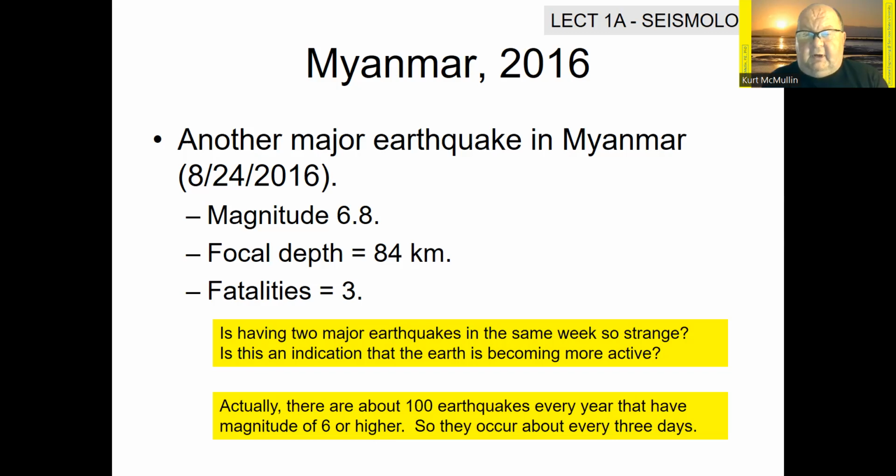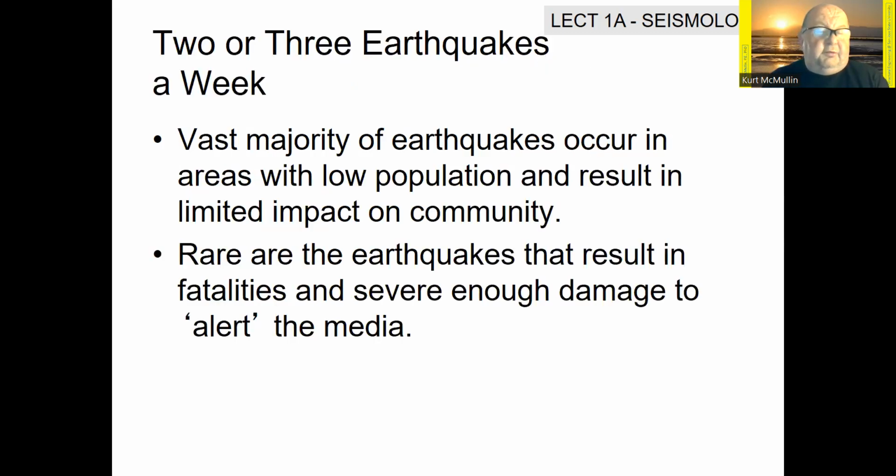Well, actually, there are about 100 earthquakes every year that have magnitudes of 6 or higher. So on average, we get an earthquake of a 6 or higher about every 3 days somewhere in the world. 2 or 3 of those earthquakes occur every week.